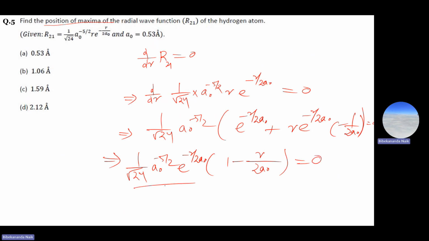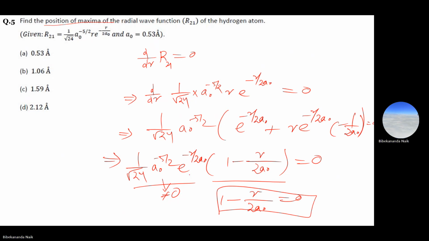Now this term, the prefactor, can't be 0. So 1 minus r by 2a0 will be 0. Also, r is present here, and the exponential e to the power minus r by 2a0 could be equal to 0.